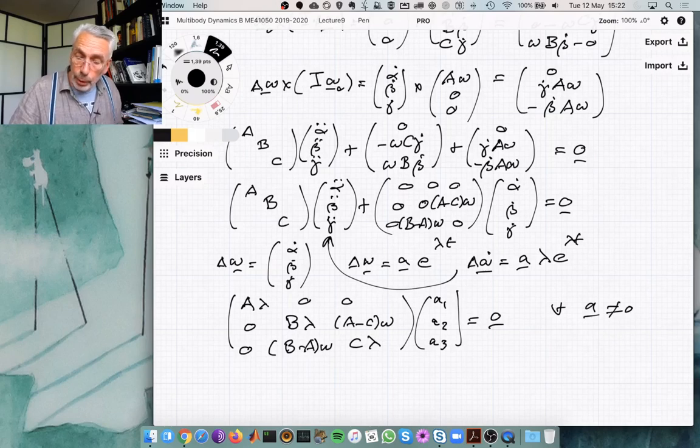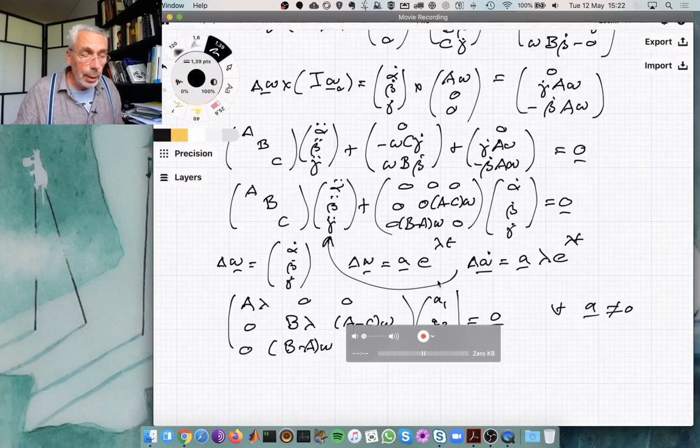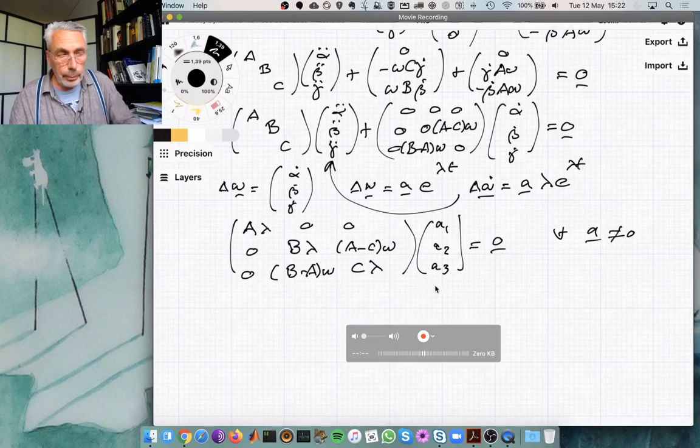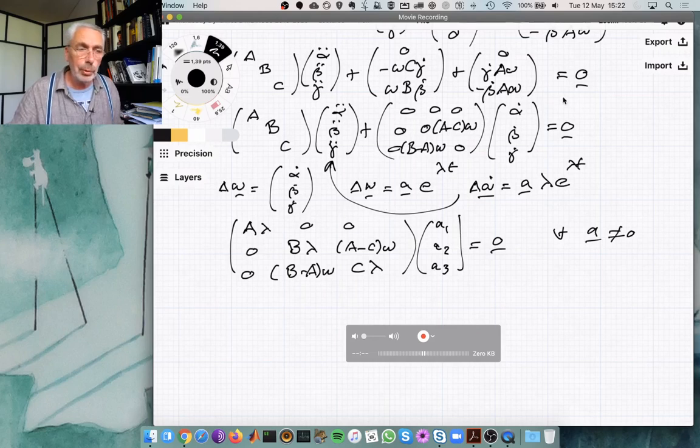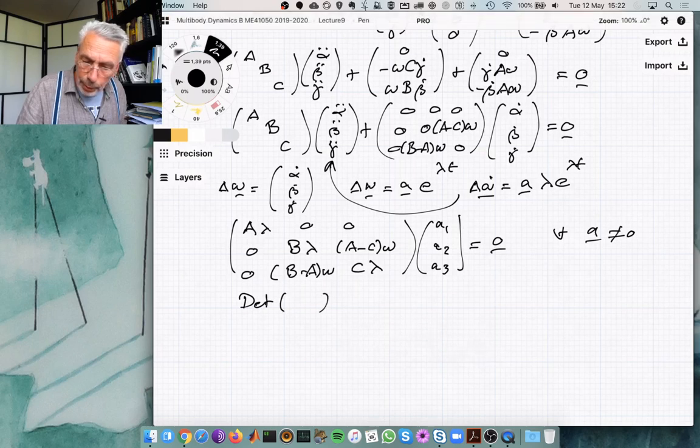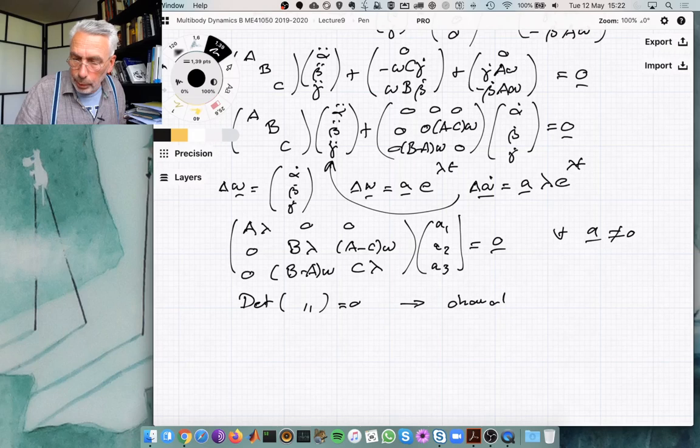If you want to have it for arbitrary a's to be 0, then there's only one way. Then this should be a non-regular matrix, or in other words, the determinant of this matrix should be 0, and that leads you to the characteristic equation.